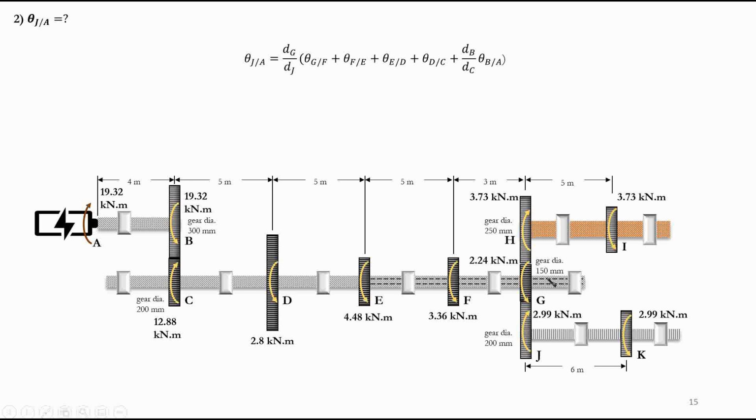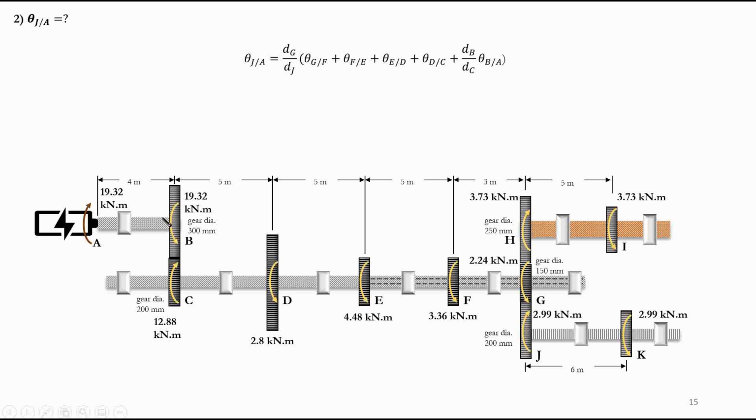Here we have a gear change, so we usually go from dG to dJ, the next over the current. dG over dJ multiplied by, open the parentheses, theta G with respect to F, theta F with respect to E, theta E with respect to D, theta D with respect to C, as we have here. Plus another gear ratio: the next diameter divided by the current diameter, dB over dC, multiplied by theta B with respect to A.